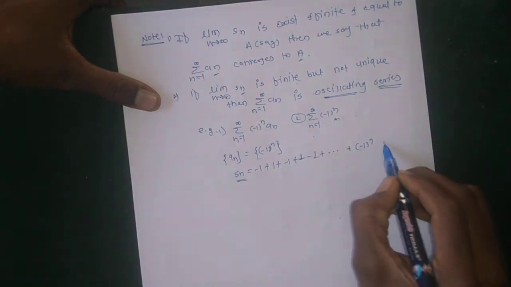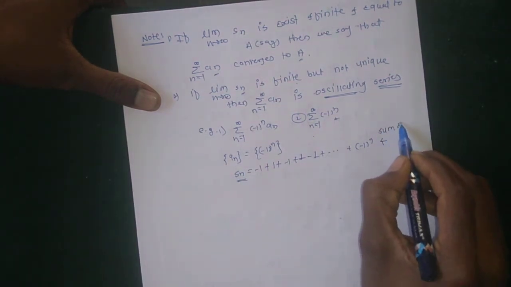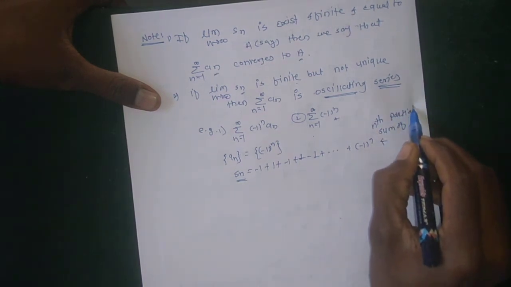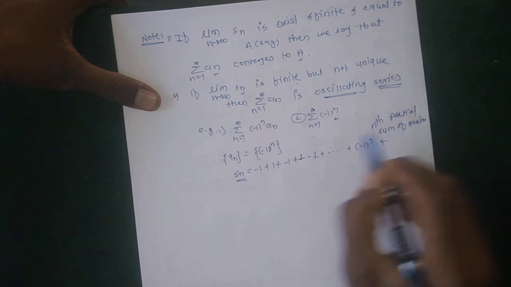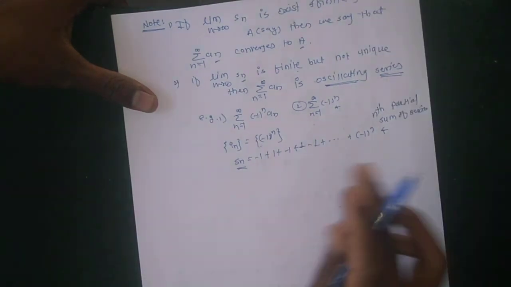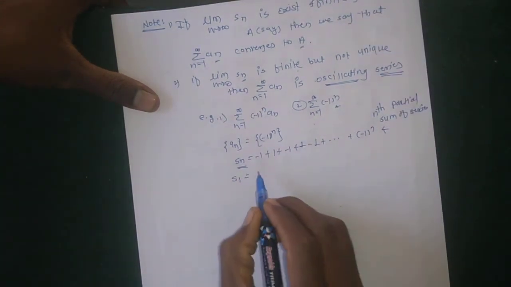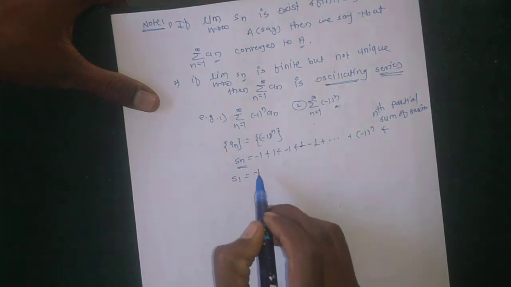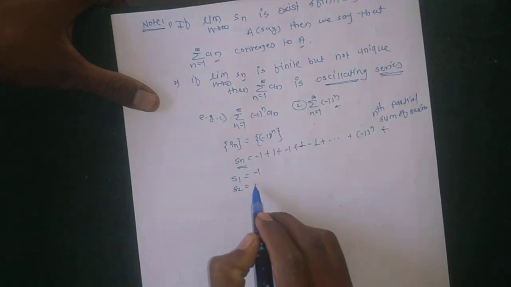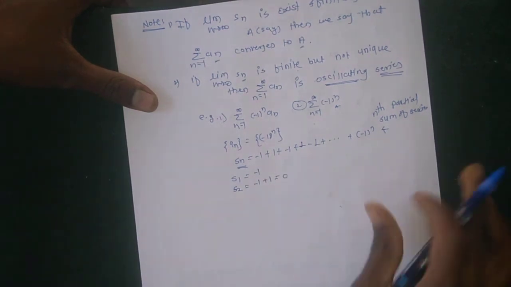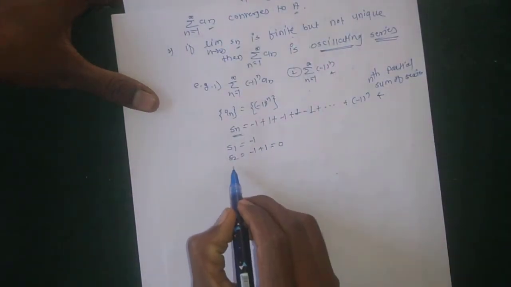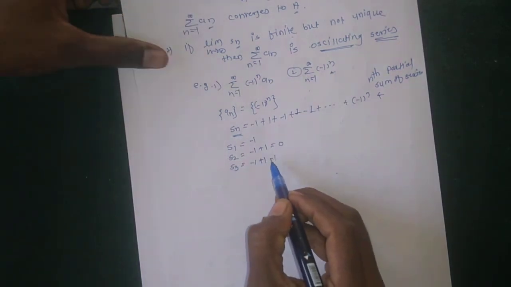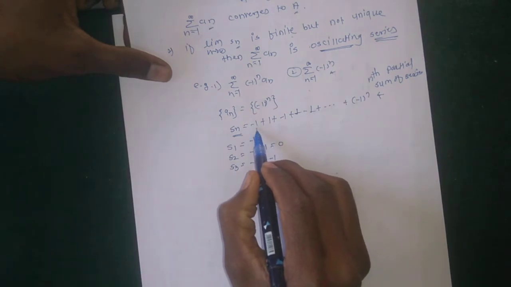This is the nth partial sum of the series. S1 is minus 1, then S2 is minus 1 plus 1 equal to 0. Then S3 is minus 1 plus 1, again minus 1, that is the sum of three terms.